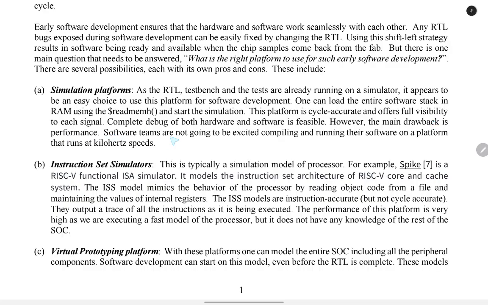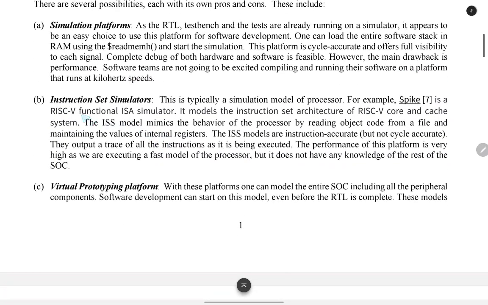Software teams are not going to be excited about compiling or running their software on a platform that runs at kilohertz speed. b. Instruction set simulators. This is typically a simulation model of a processor. For example, Spike is a RISC-V functional ISA simulator. It models the instruction set architecture of the RISC-V core and cache system.